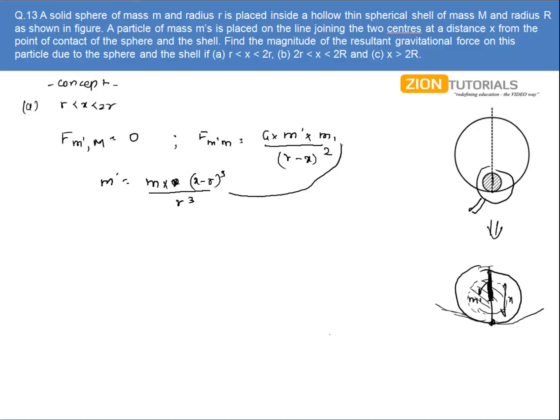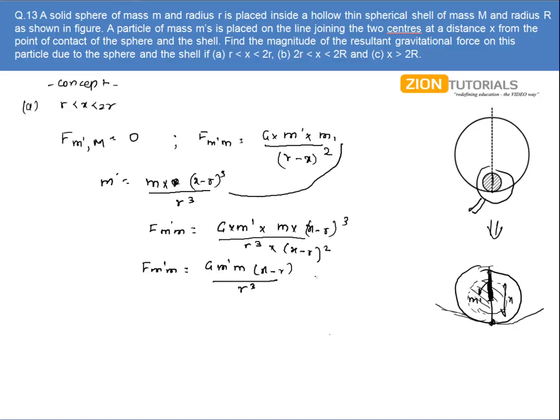Just substitute this value over here, so I get the force F between m dash and m as G m dash into m into (x minus r) whole cube by r cube into (x minus r) whole square. So the force between m dash and m is G m dash m (x minus r) by r cube. That is the answer.